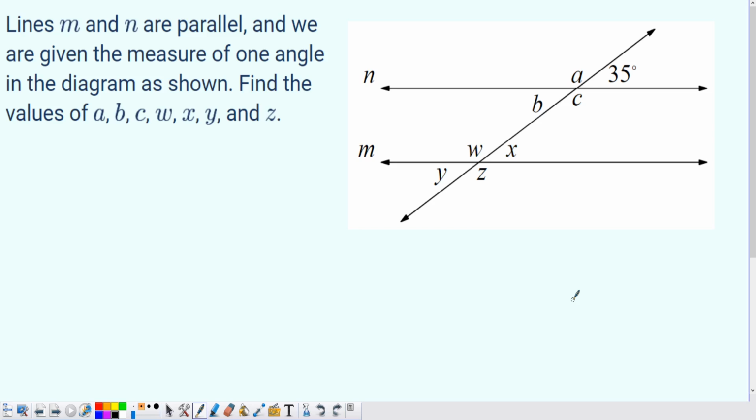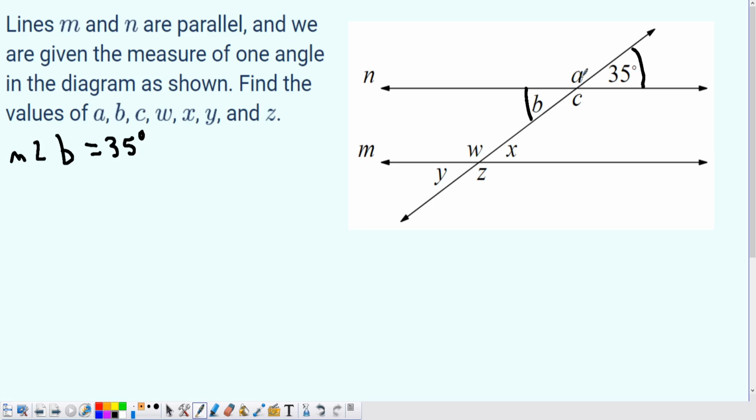Okay? Well, because of some of the properties we should be familiar with, the angle B must be equivalent to 35 degrees because they're vertical angles. So B, you can even say the measure of angle B is 35 degrees. Okay?